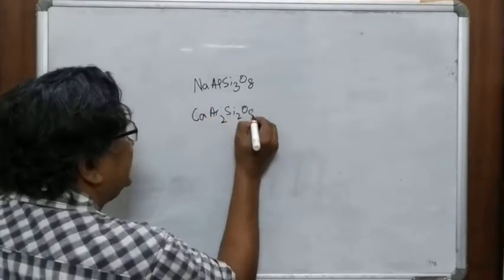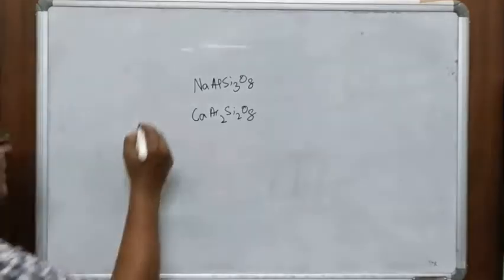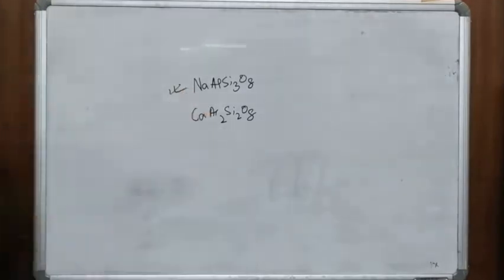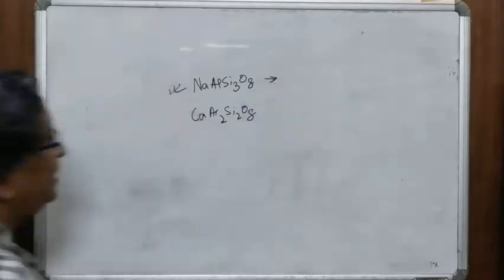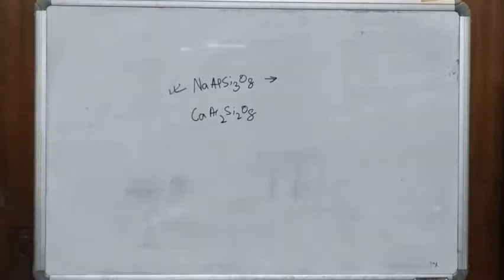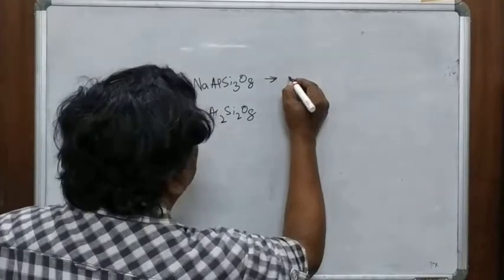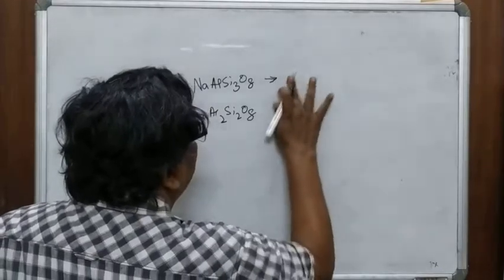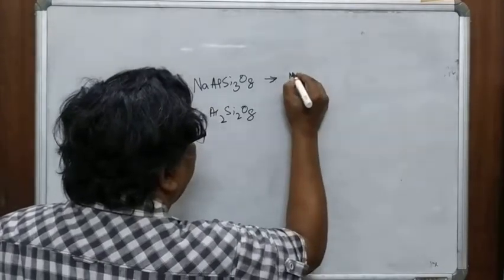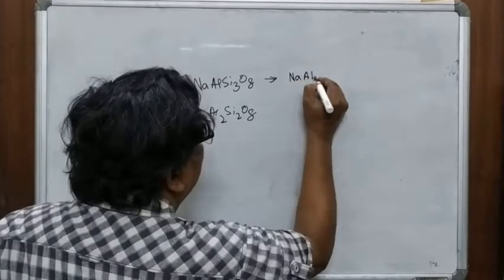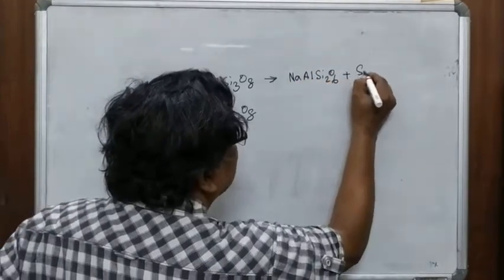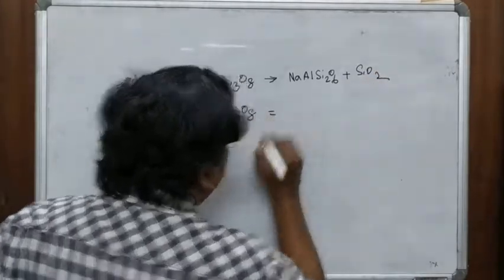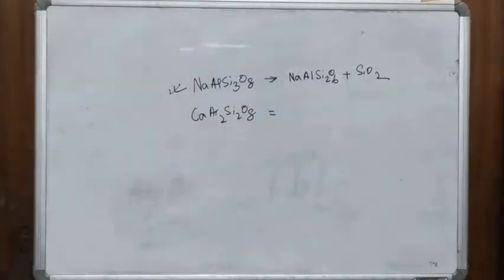Your plagioclase contains both, but there is a dominance of albite. So what happens now, this plagioclase breaks down to NaAlSi2O6 plus SiO2. This is what happens.